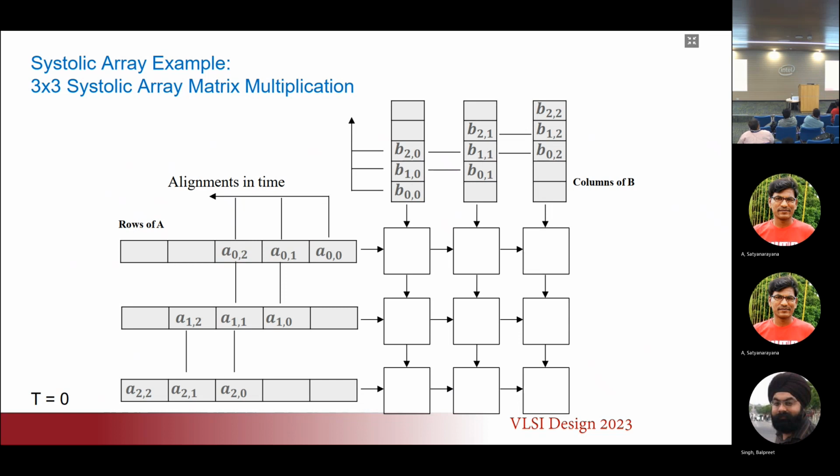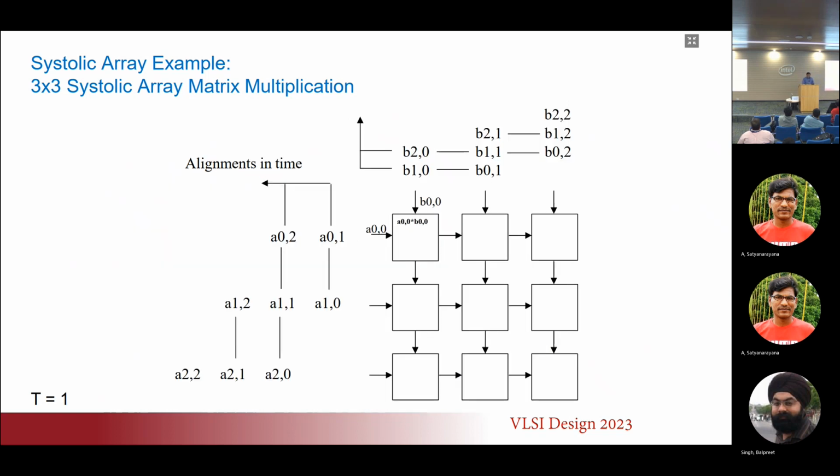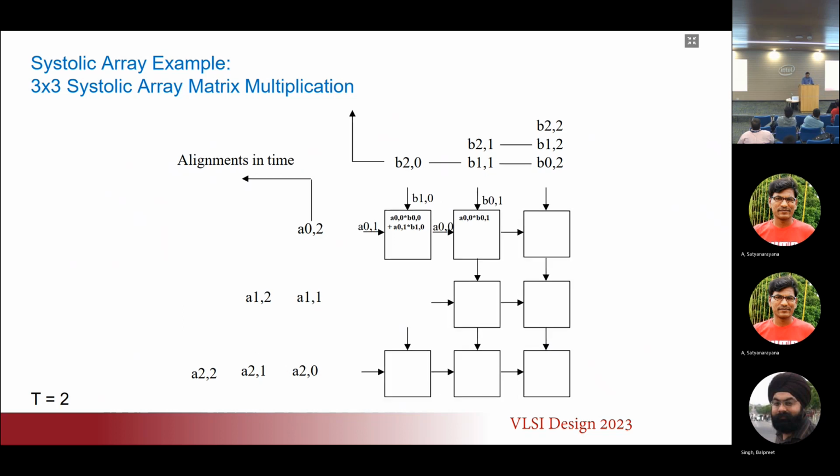In this unit, I'm multiplying these two numbers and adding with a local accumulator, which is initialized to 0. And then I keep clocking the system. Let's see what happens when you clock. First, we multiply A00 and B00. Next, B10 moves in from here, and A01 moves in here.